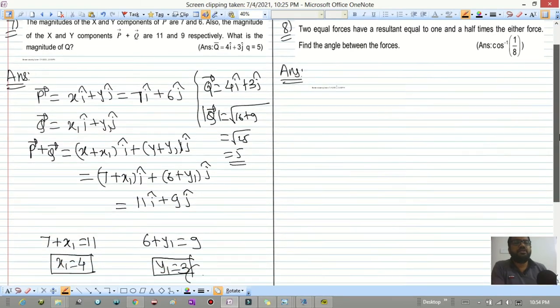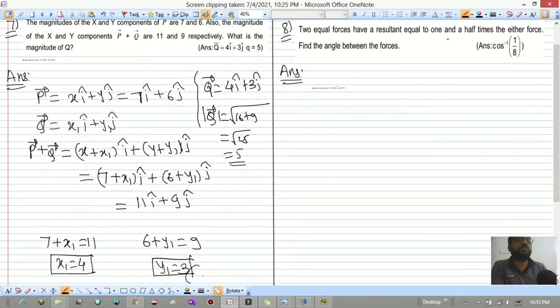So 8th question now. Two equal forces have a resultant equal to 1.5 times either force. 1.5 times, right? So what does that indicate? Two equal forces, so F is equal to 1.5 times either of the forces.